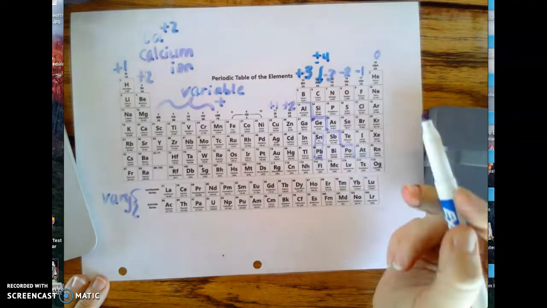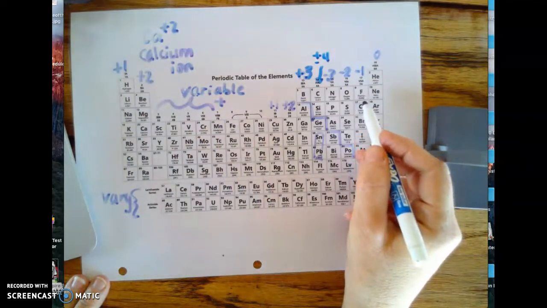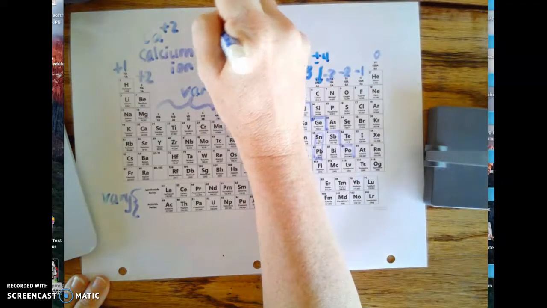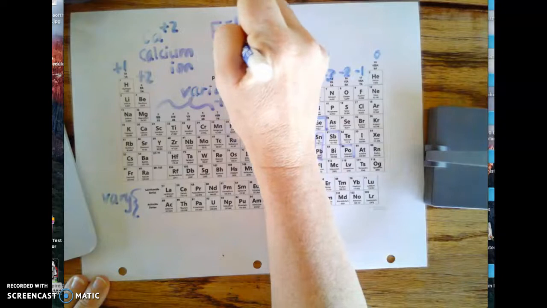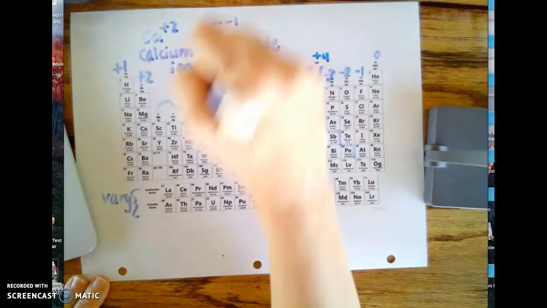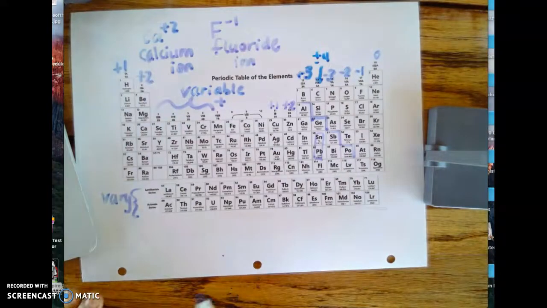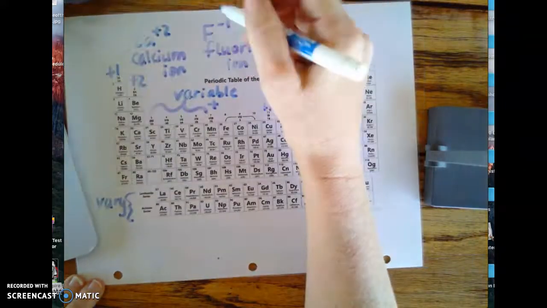And so when we stick these together to make a compound, let's pick fluorine with its -1 charge. Its name is fluoride. By itself, it's the fluoride ion or fluoride anion. When I stick it together with calcium to form a compound, the charge has to be balanced.